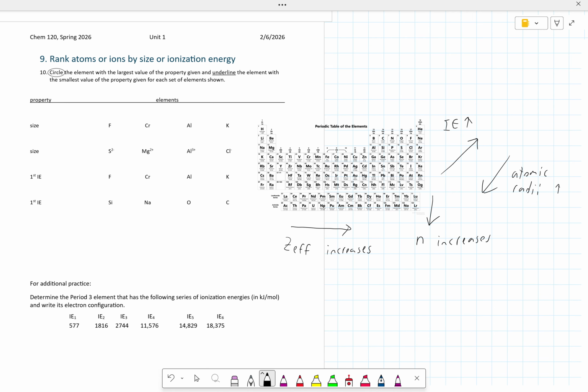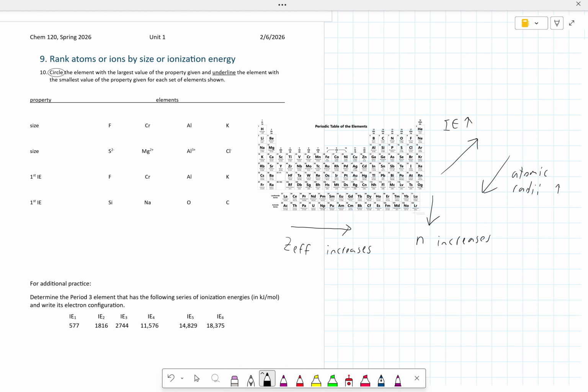That effective nuclear charge, the pull that the outermost electrons feel, gets stronger and stronger as I go from left to right across a period, and that has the effects of, one, making those electrons harder to remove, raising the ionization energy, and it also has the effect of holding those electrons tighter and closer, reducing our atomic radii.